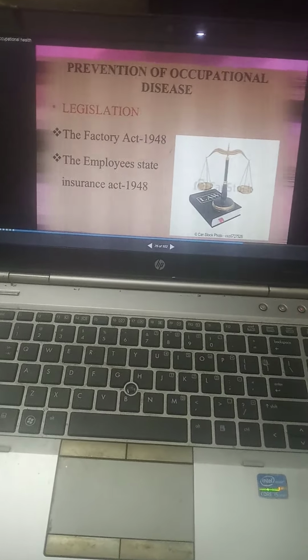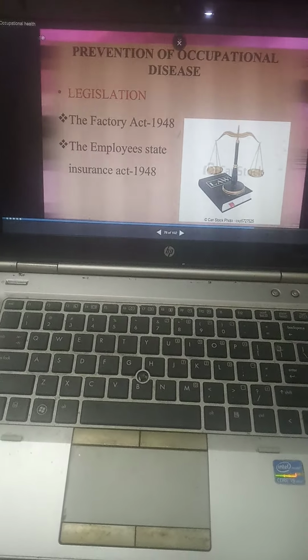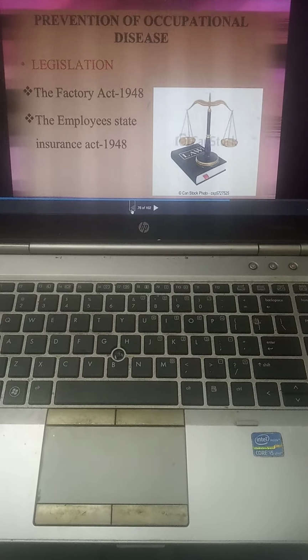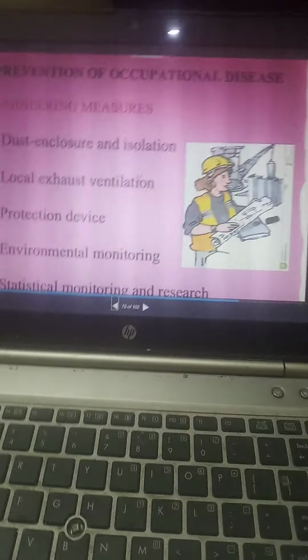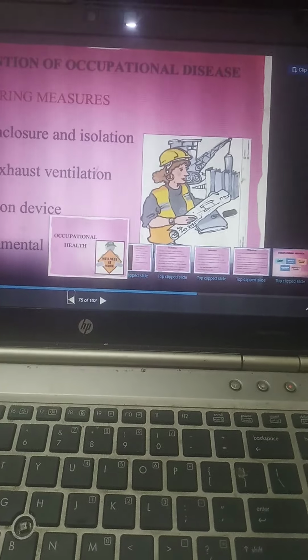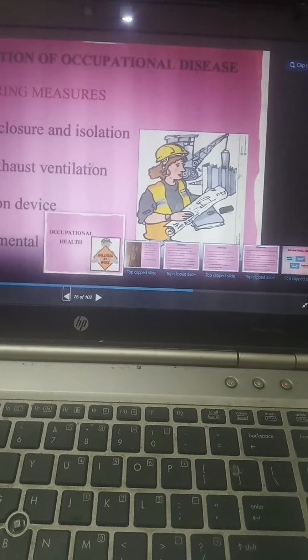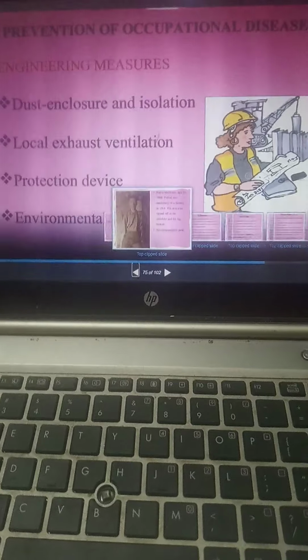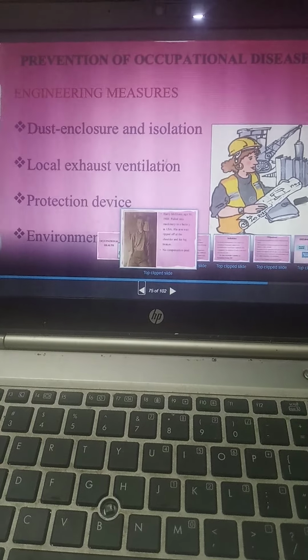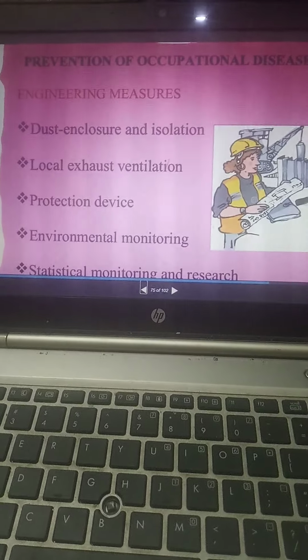Here in Pakistan we have PESSI, the Punjab Employees Social Security Institution, and this legislation ensures the health of the worker.